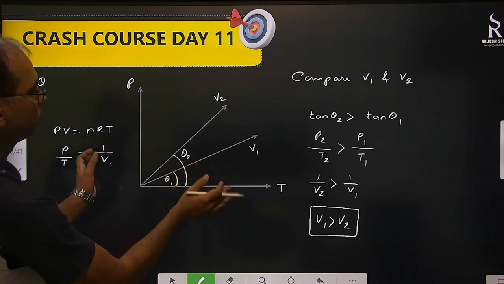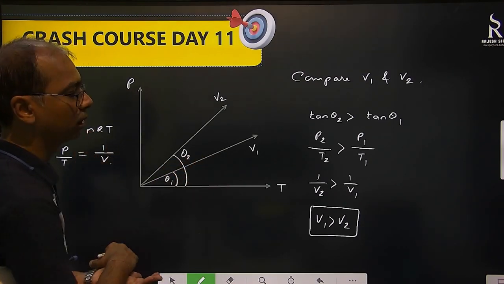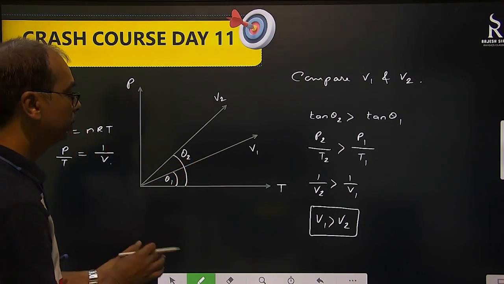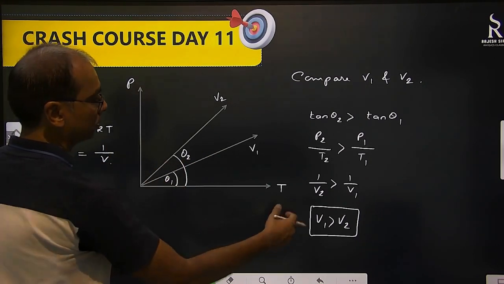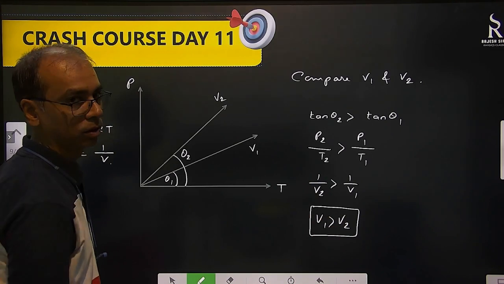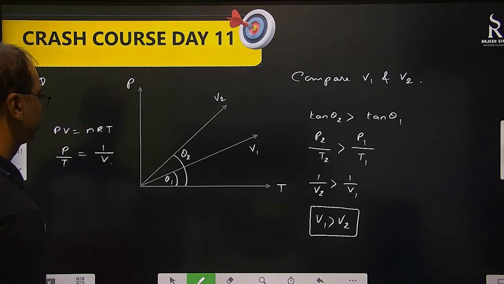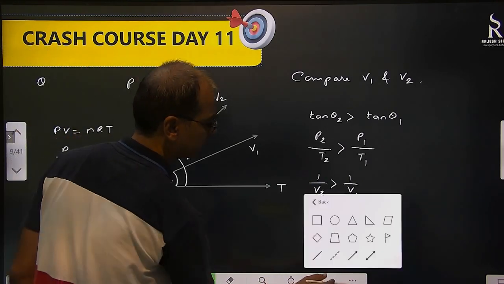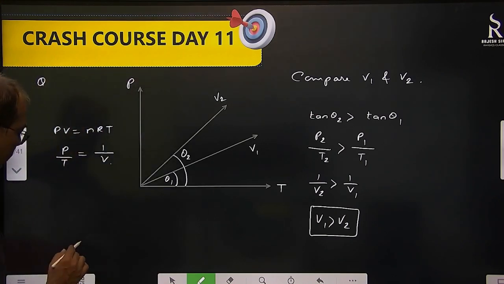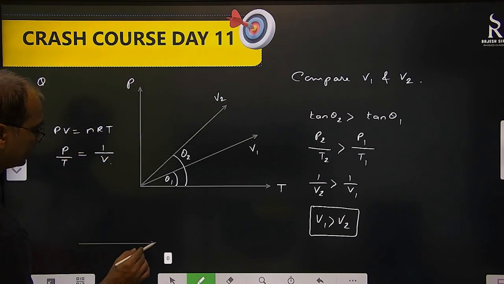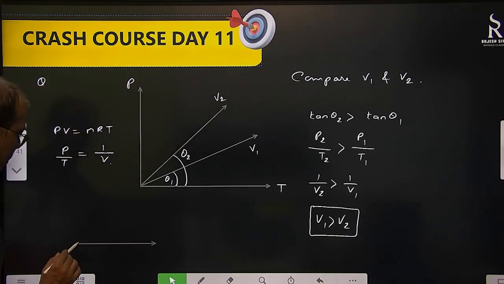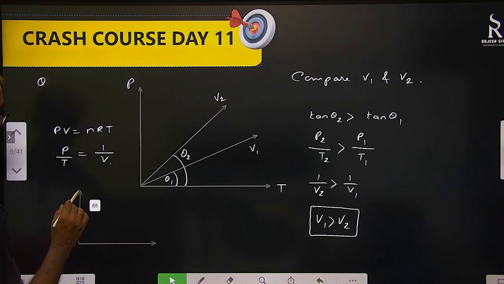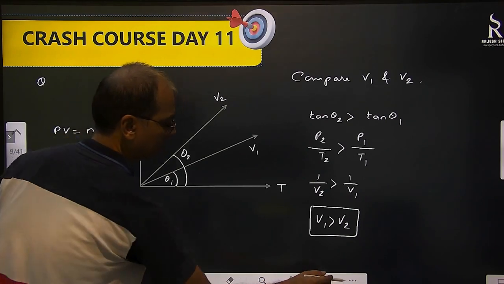Suppose we make the opposite, a TP graph. Then the answer will change. It will become V2 greater than V1. Shall we do that? Okay, here only I will make it.